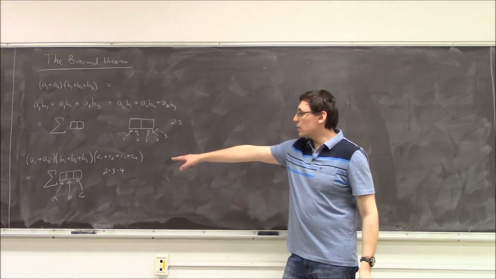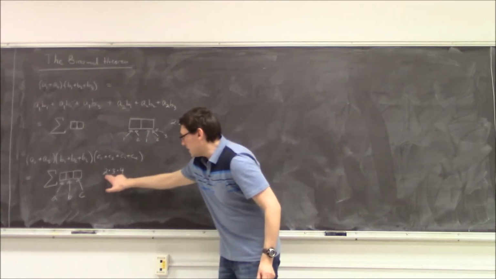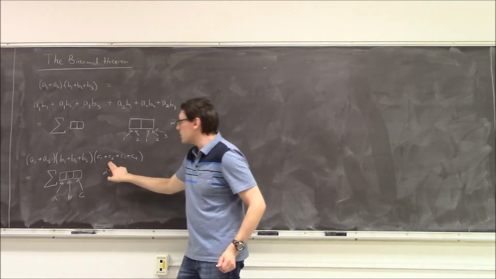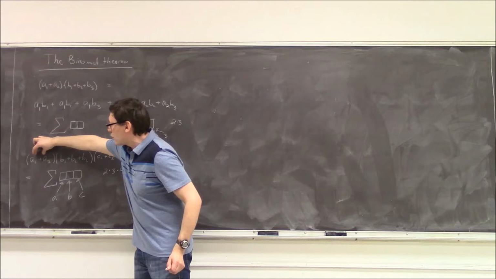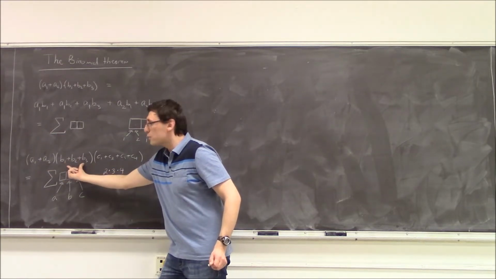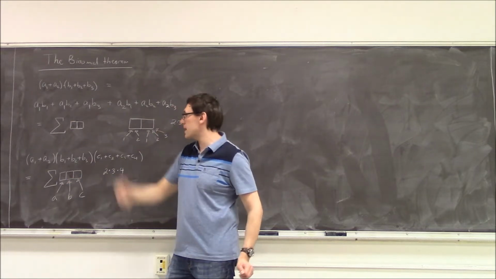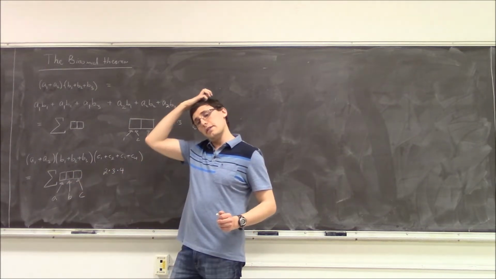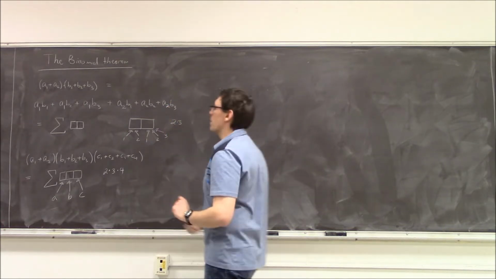So it will be 2 times 3 times 4. The fact that the increase in order is coincidental. I just have 2 terms here, 3 terms here, and 4 terms here, but it will be the number of terms here. Those are the possibilities of filling out the first box. The number of terms here will be the possibilities of filling the second box. Number of terms here will be the possibilities of filling the last box.